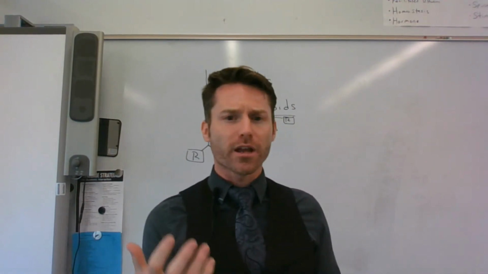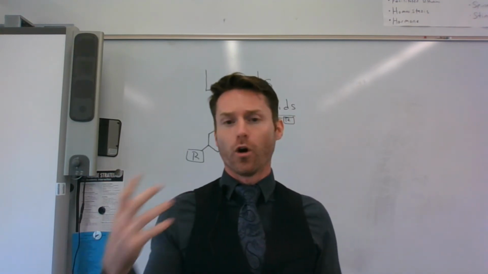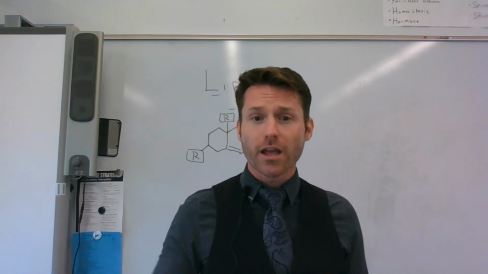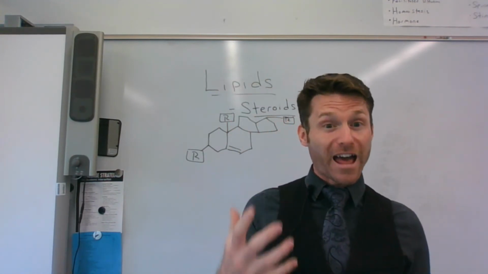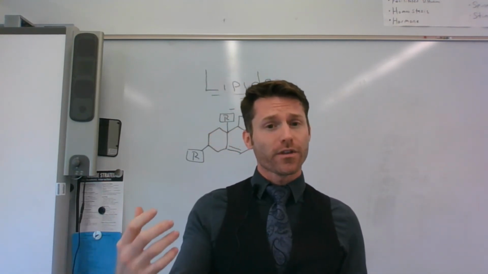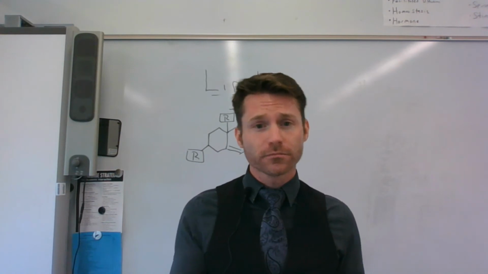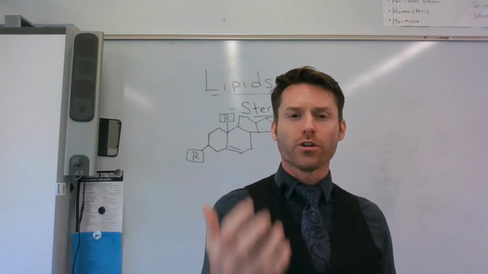Now, steroids play a very large role in our hormonal creation, in the way that our hormones function in our body. It's very important that they are not soluble in water. It makes them last for a long time in our system. It makes it easier for them to pass through our membranes. And so they serve very well as a chemical communication device.